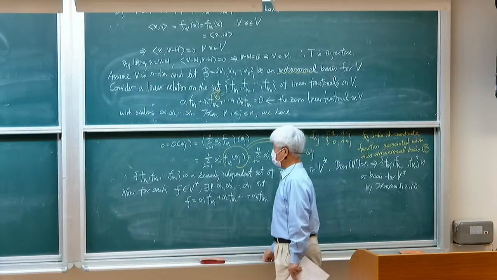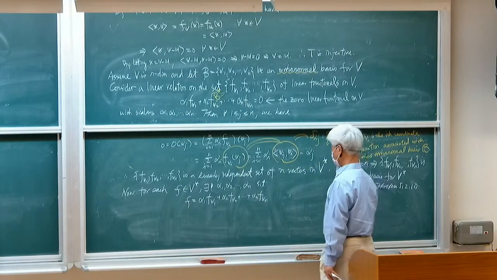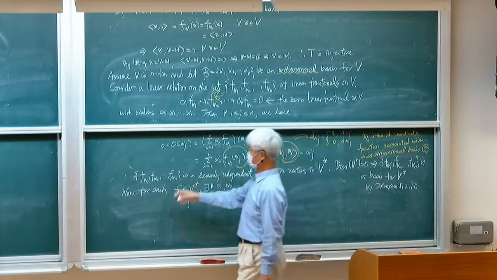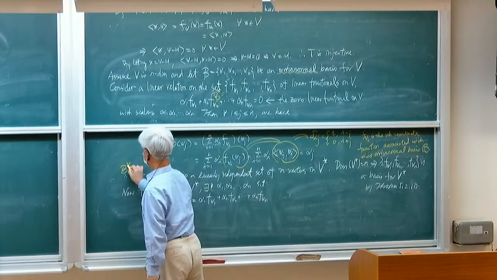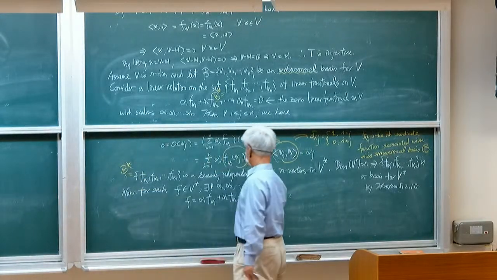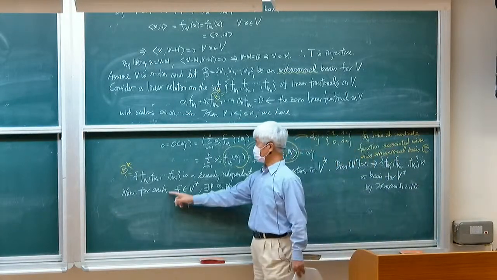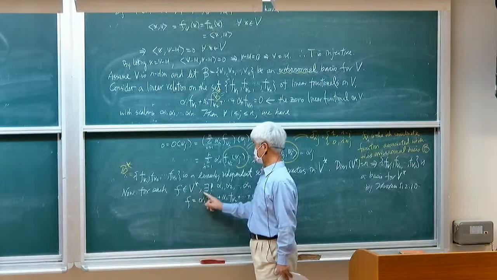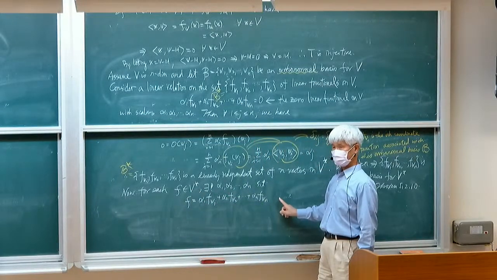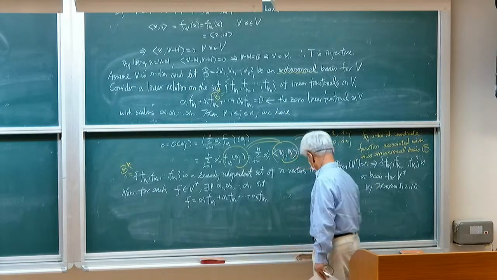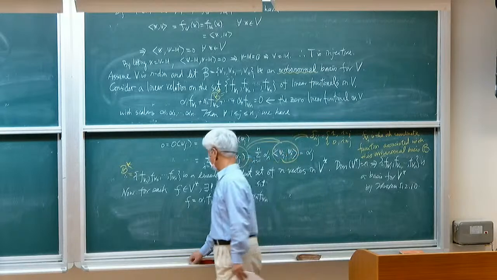And now we go back to our proof, where we already showed that this B star, the dual basis, is a basis for V star. So every linear function in V star can be written as the unique linear combination of the f_{v_i}'s.